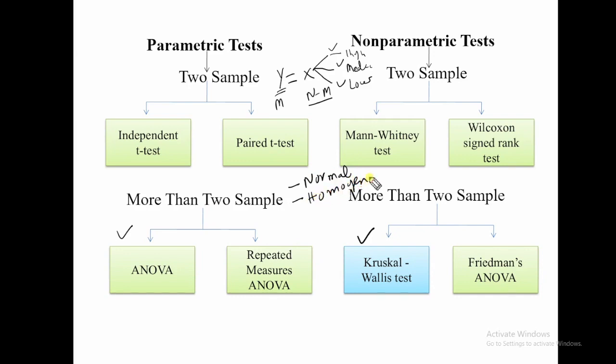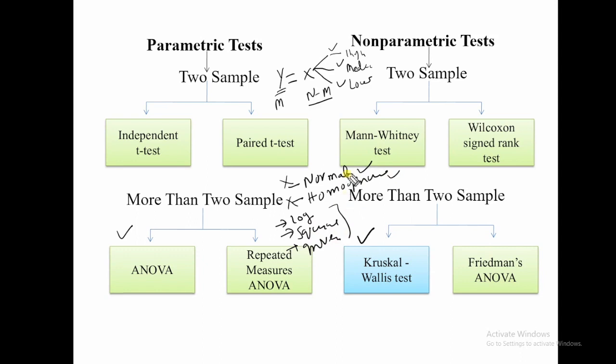If my data is not normal, not homogeneous, then what should I do? I should convert my variables using a log transformation, square root transformation and inverse transformation, and then again check the normality and homogeneity of the data.